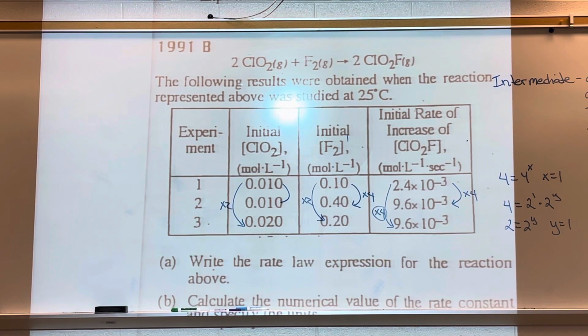Then we just go and find the value of K. All right, we can plug it in. Rate is 2.4 times 10 to the minus third molarity per second is equal to K times F2, 0.010 times 0.1.